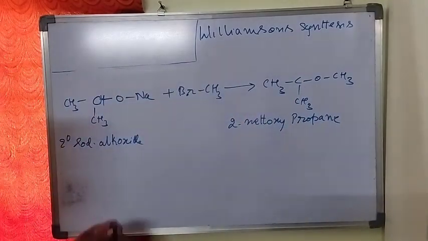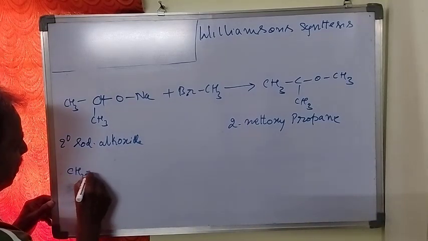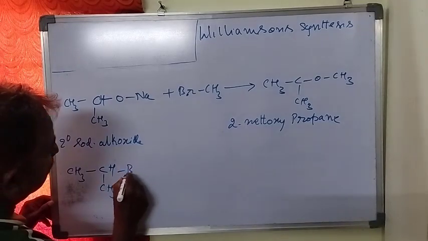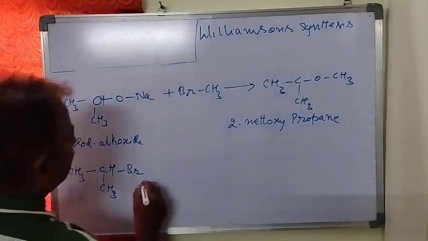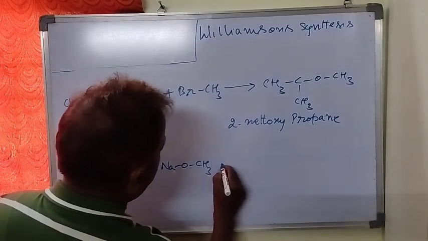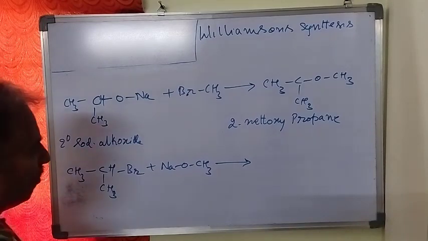Suppose we reverse the substances, this is a secondary alkyl halide, CH3CHBrCH3, plus NaOCH3. Instead of forming the ether here, an alkene is formed.